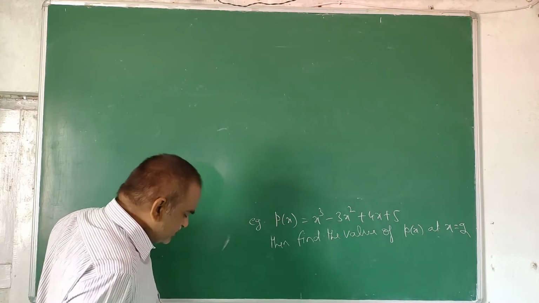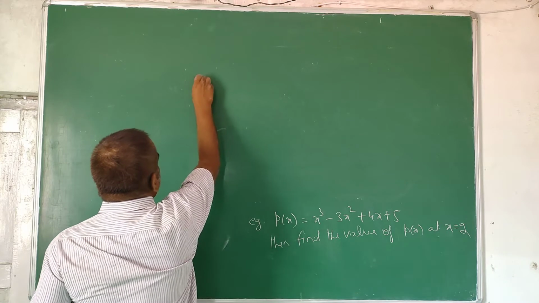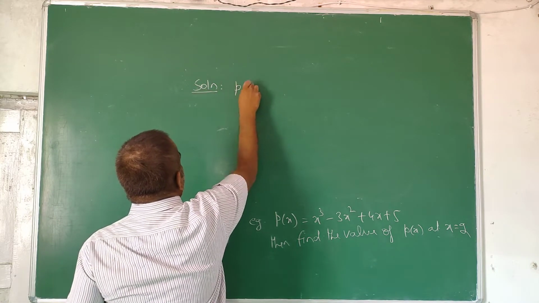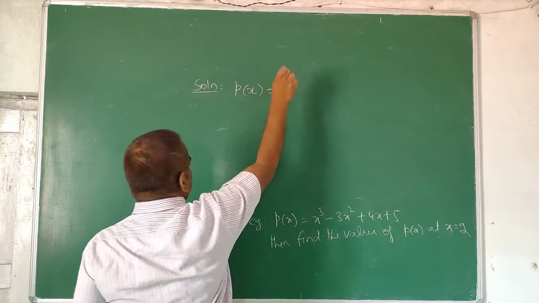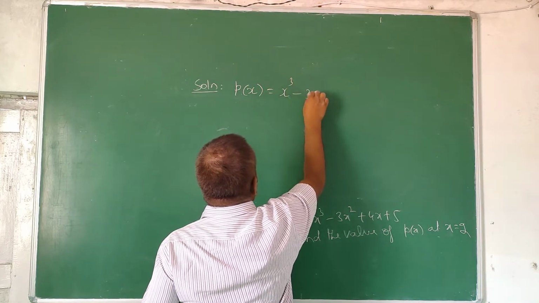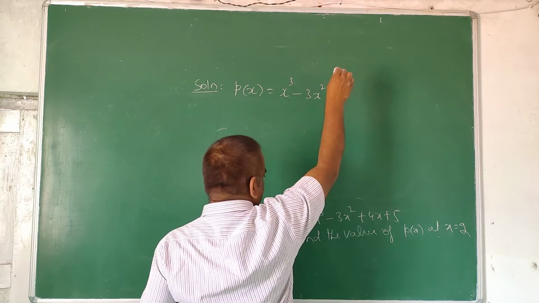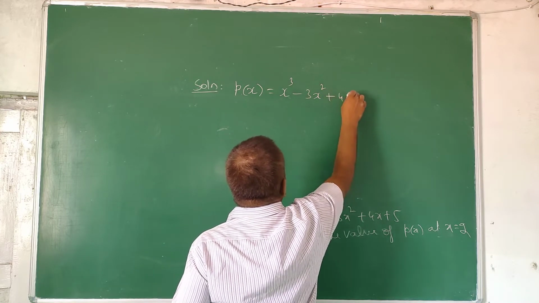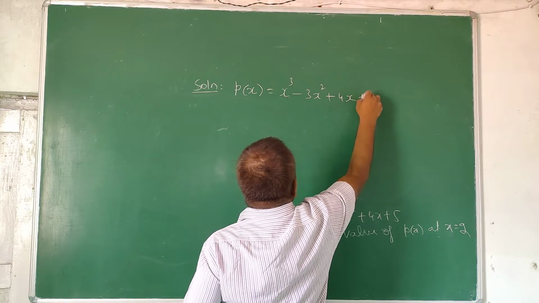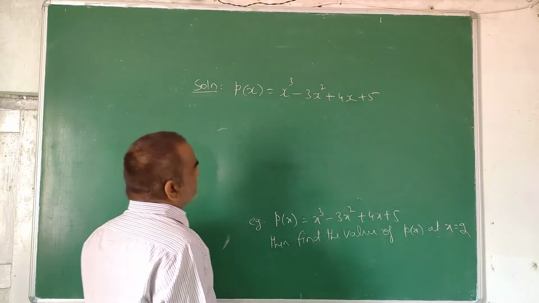So the solution is, the given polynomial p of x is equal to x cube minus 3x square plus 4x plus 5.